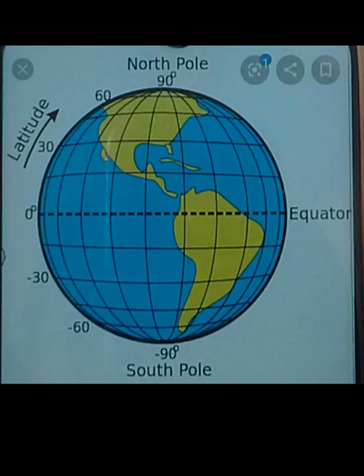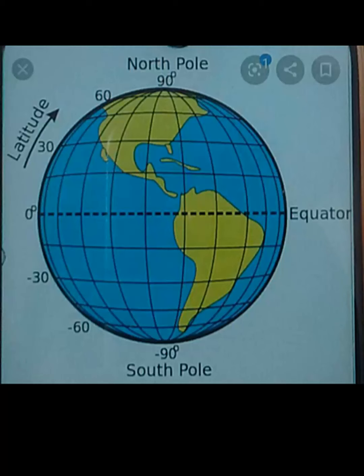Clear? 2 equal parts means the northern hemisphere and the southern hemisphere. It runs east and west halfway between the north and south poles.